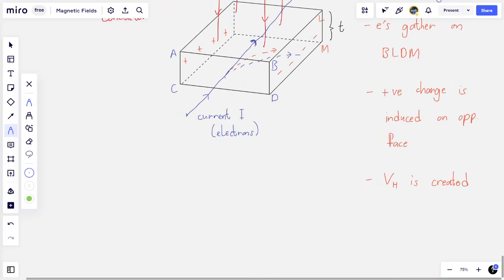So what we have is that the electrons will be pulled toward the positive face, which is the opposite face.